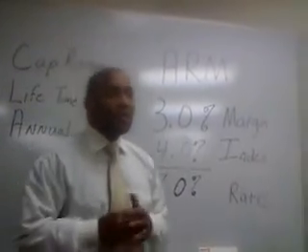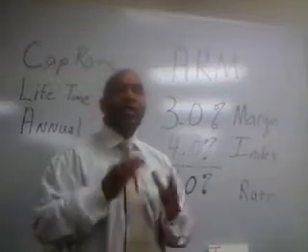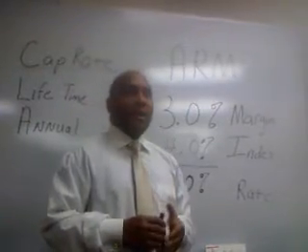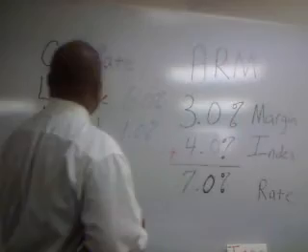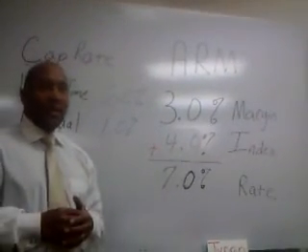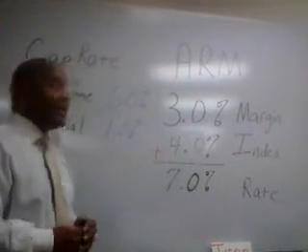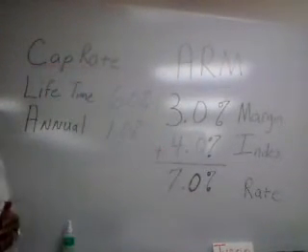Now, there are some other features you need to know about an adjustable rate mortgage. An adjustable rate mortgage has something called a cap rate. They have a lifetime cap rate and an annual cap rate.